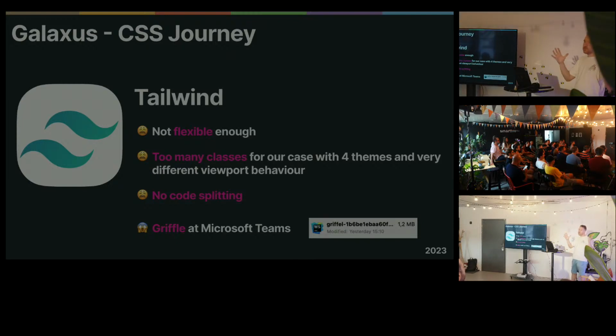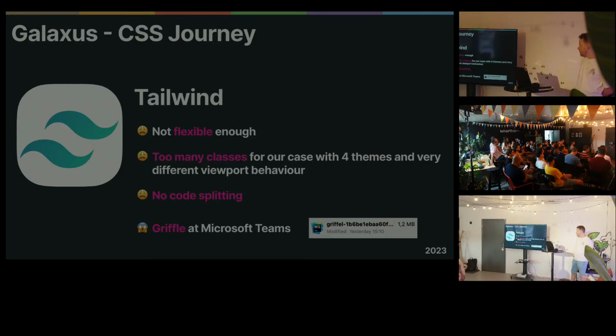It's one big Next.js application, so the checkout and homepage and everything in between is all in the same Next.js application. It's really a lot of code in one thing, and it all gets compiled into one file. And we also saw the nightmare of Griffel, which is an atomic CSS library used by Microsoft Teams.